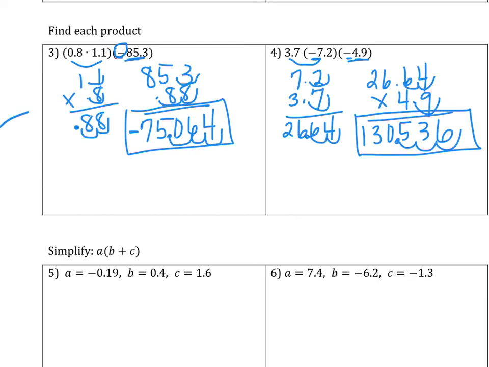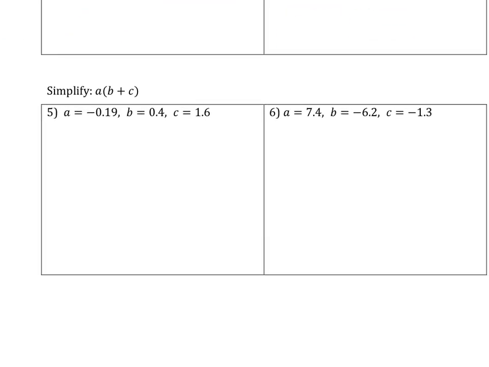Let's take a look at number 5. Number 5 says to simplify A times B plus C. So we are going to substitute A, B, and C here. So let's go ahead and rewrite that. So that would look like negative 0.19 times parentheses 0.4 plus 1.6. So order of operations tells us to do what's inside parentheses first.